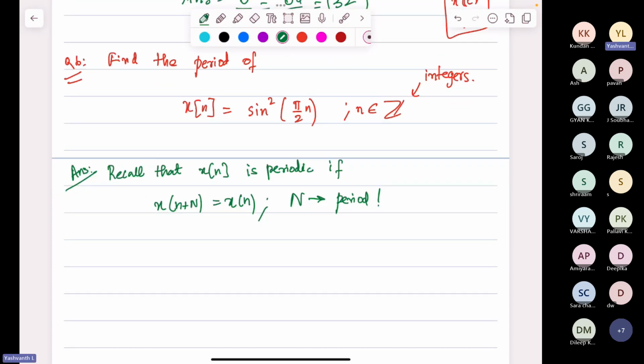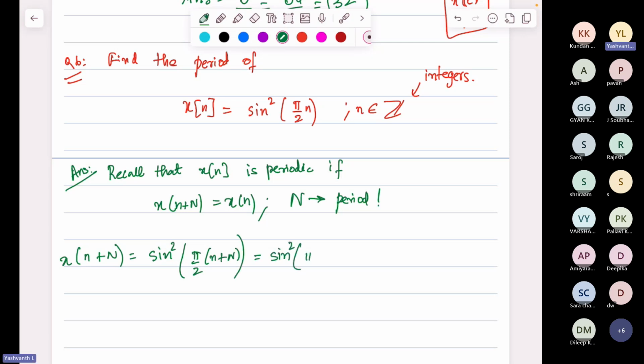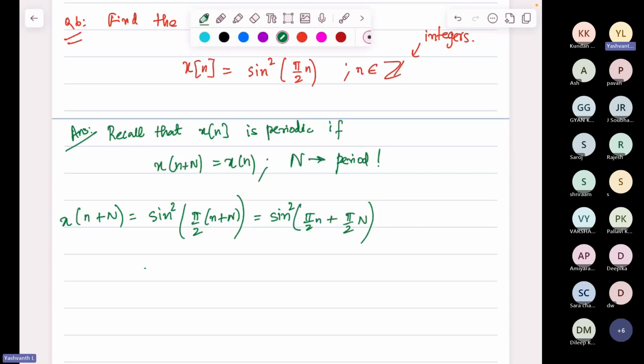Okay. Now let's take the given question. x of n plus N is nothing but sine squared of pi by 2 of n plus capital N, which is the same as sine squared of pi n by 2 plus pi N by 2. Sine squared theta is nothing but 1 minus cos 2 theta by 2, which is the same as 1 minus cos of pi n plus pi capital N, whole by 2.